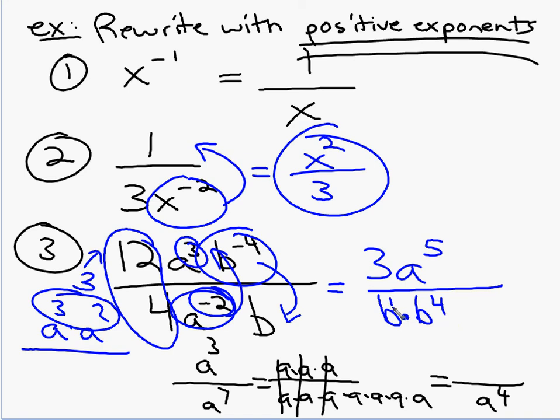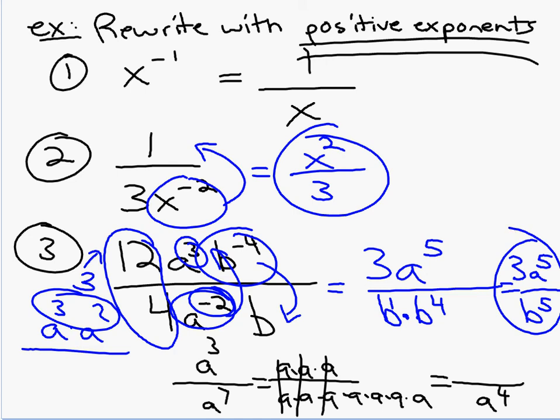This is a 1, so your denominator is going to have a b to the fifth. The top is 3a to the fifth. And that's your final answer. All right, and that's probably about as complicated as you'll see. But there's several things going on there, and just be careful. If you get in a hurry on these, you'll probably make a mistake.